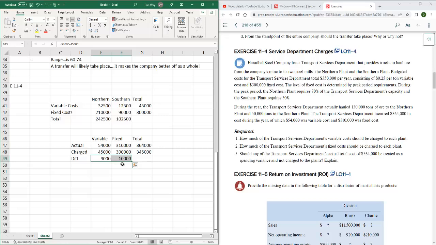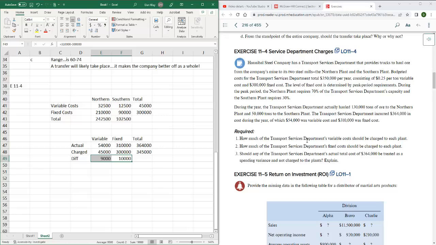Yes, absolutely. These are overages, or however we want to think of them, these spending variances, incurred by the Transport Services Department. That's not the problem of the northern and southern plants. It would be very dangerous for companies to bill all charges out like this to the individual segments or divisions or plants, because it wouldn't give anyone any incentive to control costs in the Transport Services Department, right?